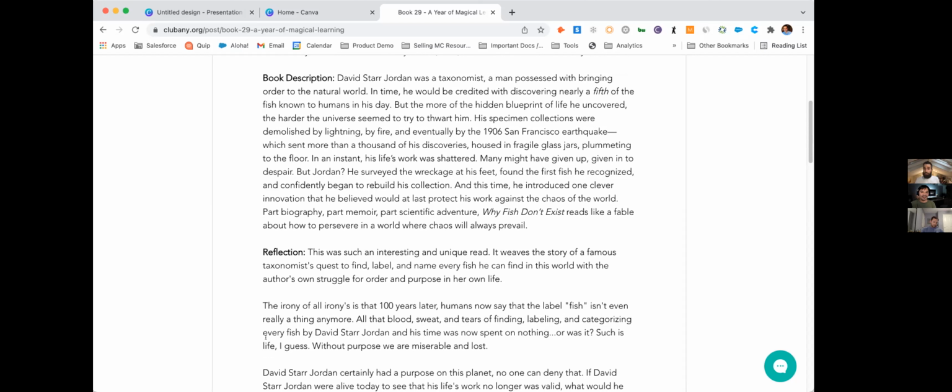She really liked the idea of, why did this guy keep relabeling all these fish, refining them and reorganizing them? What was this dude's obsession? So she got obsessed with him, and as she was researching him and writing a story about him, she weaved in her own personal struggles of trying to fit in herself and categorize things herself.